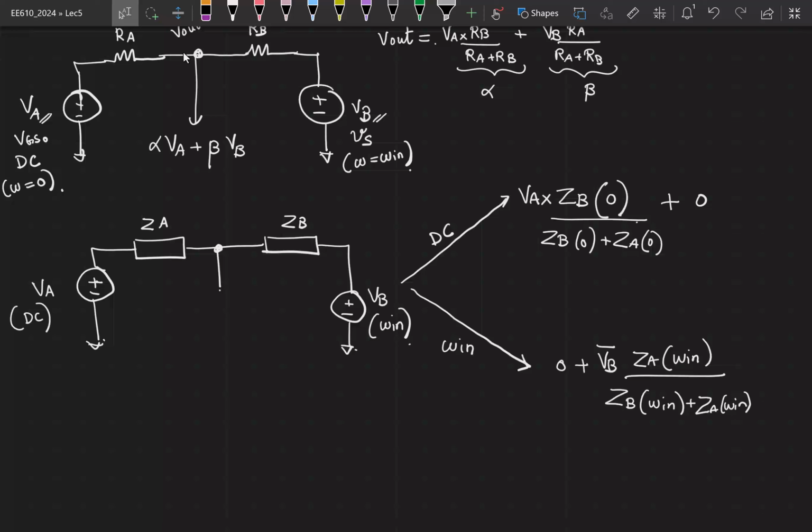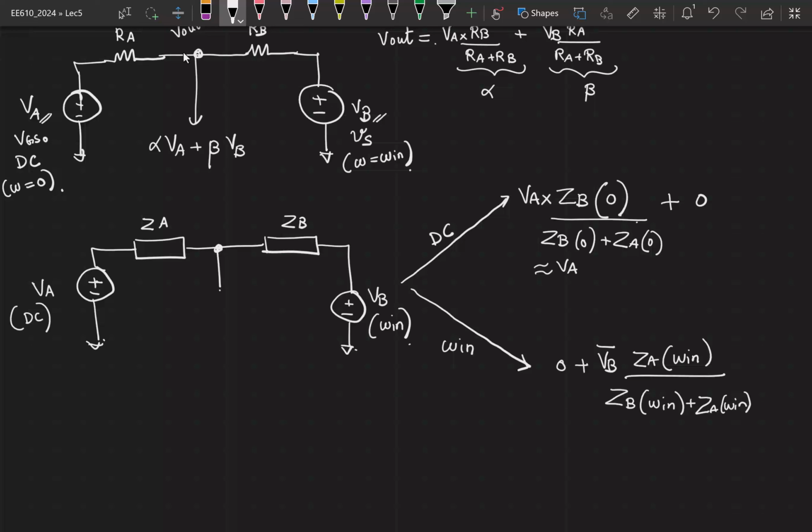Is this clear? Okay. So now if I want this to be equal to VA, what comment can you make about ZB and ZA evaluated at DC? I want this whole factor to be equal to 1.